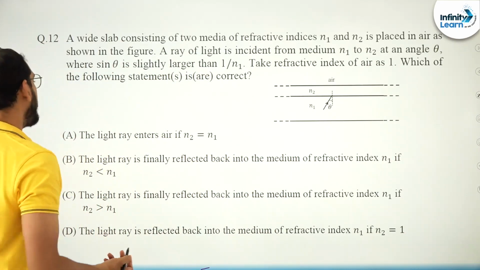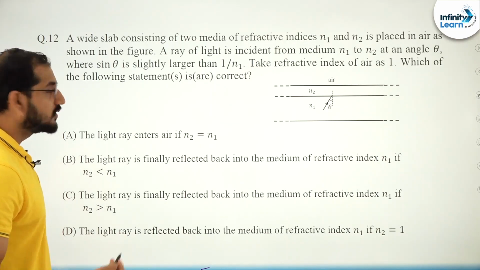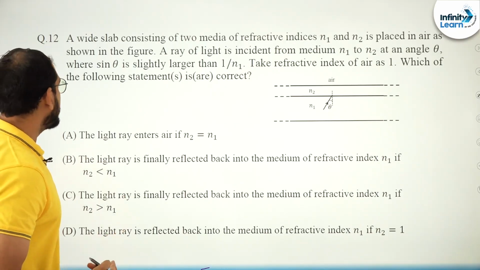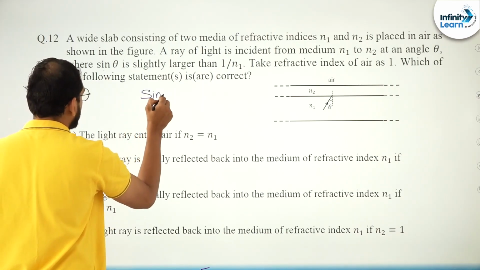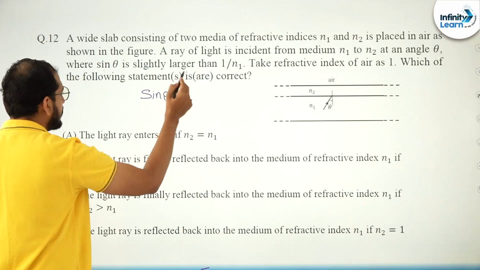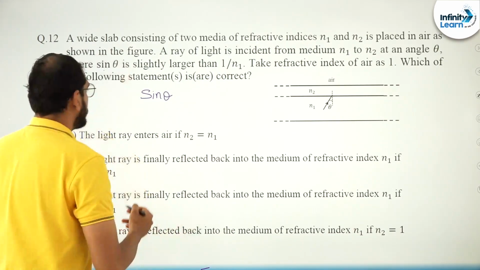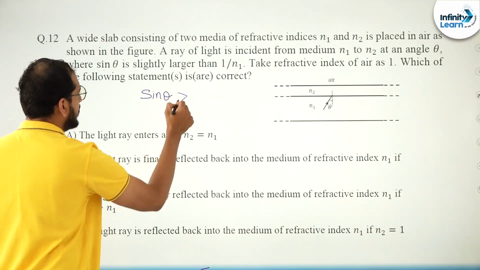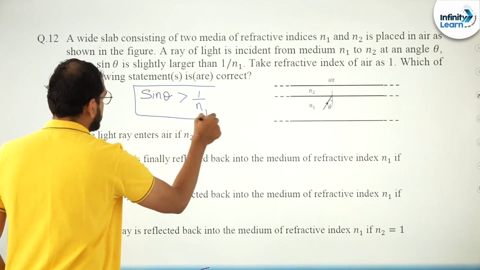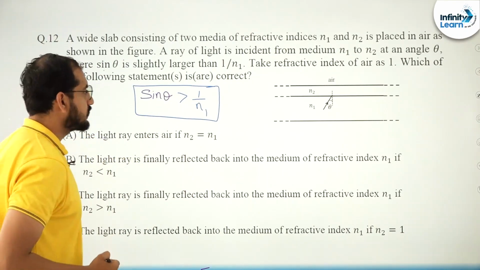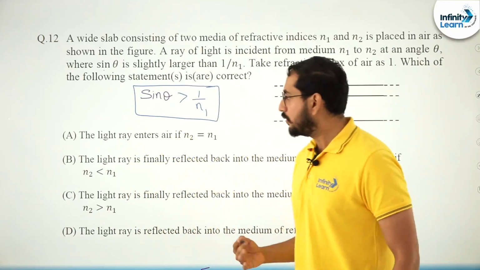We have to figure out which of options A, B, C, D are correct. Another piece of information given is that the value of sine theta is slightly larger than 1 by n1. This is the data given in the question, and based on that we need to extract some answers. So let's go one by one.